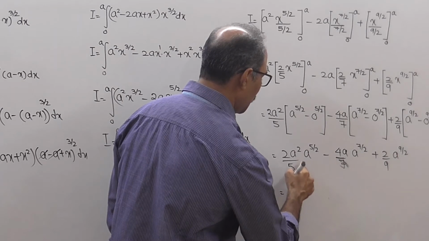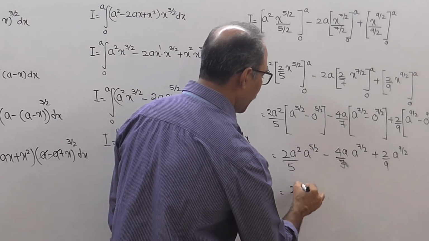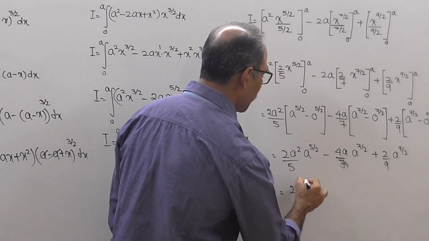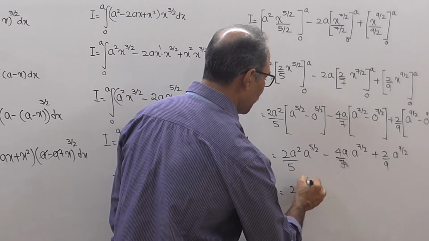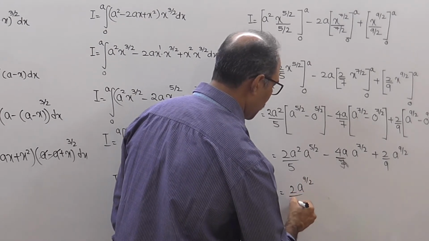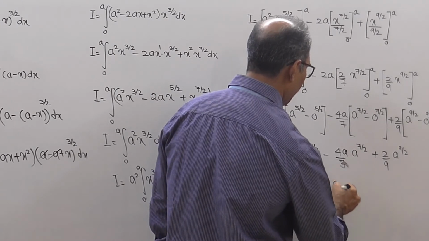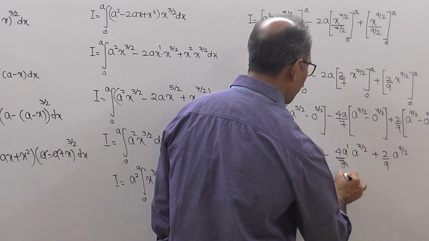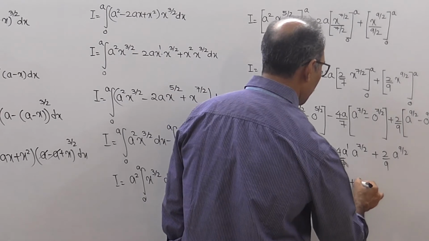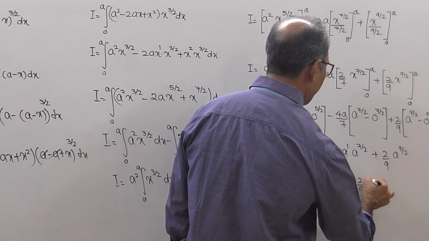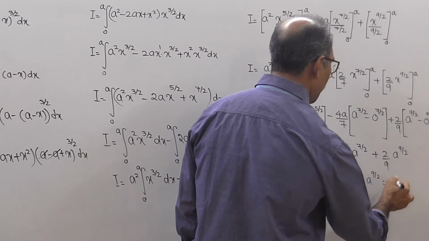So this is 2 a raised to 2 into a raised to 5 by 2 will be a raised to 2 plus 5 by 2, that is nothing but a raised to 9 upon 2 the whole upon 5 minus 4 upon 7 a raised to 9 upon 2 plus 2 by 9 a raised to 9 by 2.